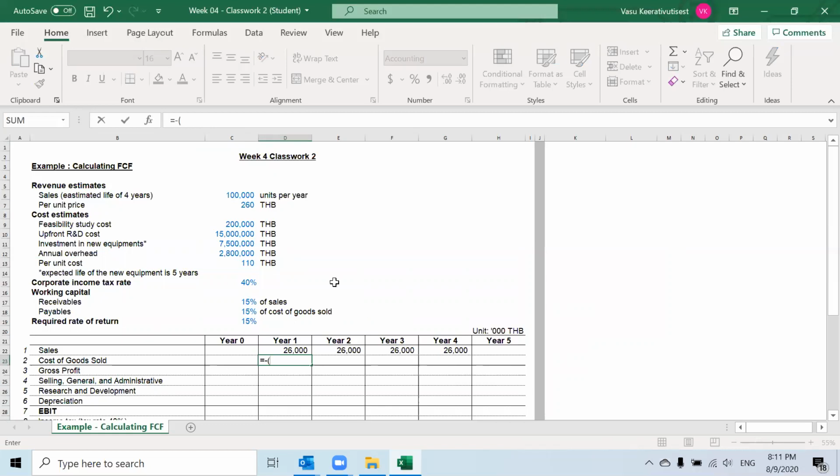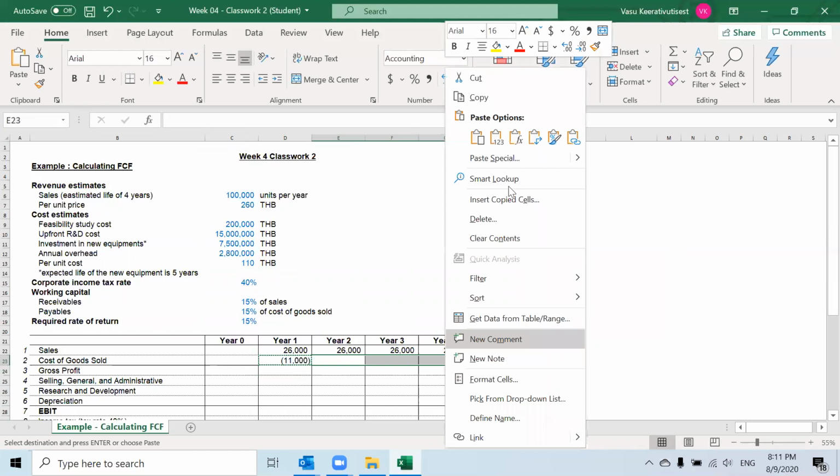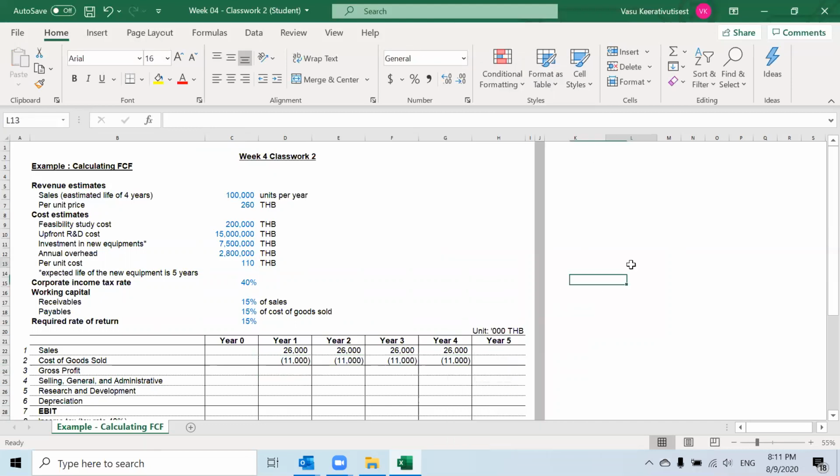It is equal to your units, locked by F4, multiplied by your per unit cost, F4 again, and divided by 1,000. Then you copy and paste in terms of function. Now you can see that we finished the first and the second lines.